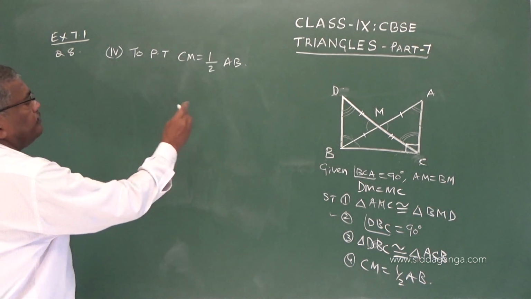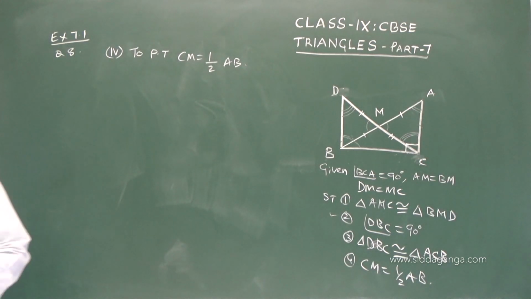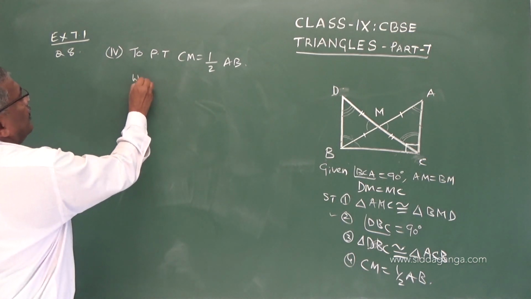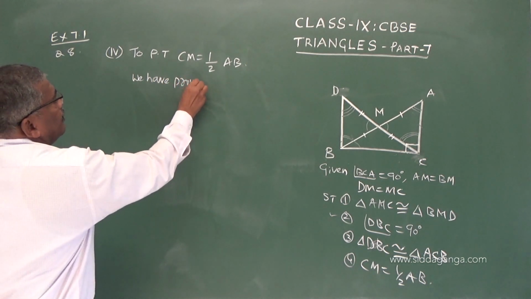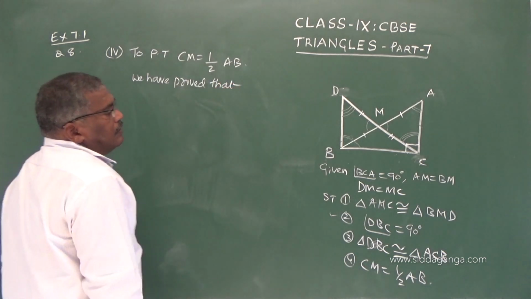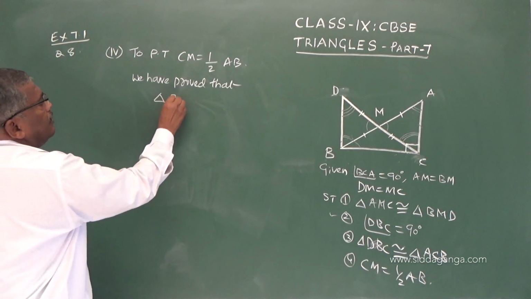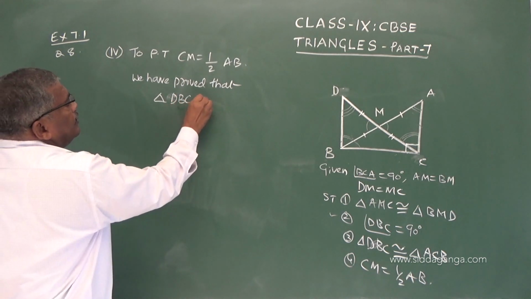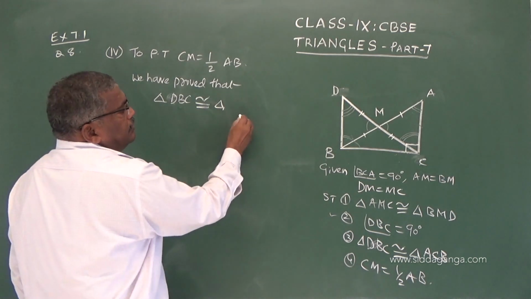Now, see, we have proved that triangle DBC is congruent to triangle ACB.